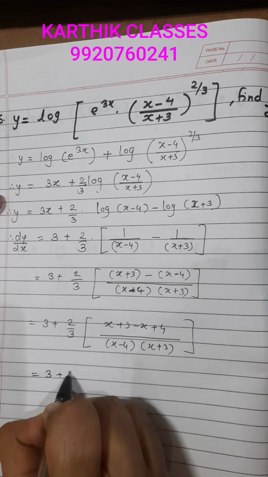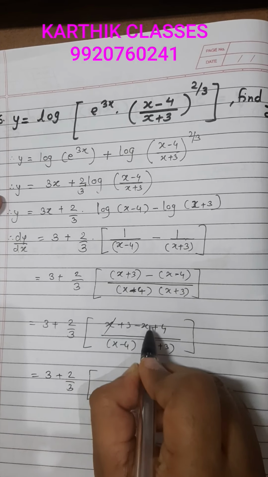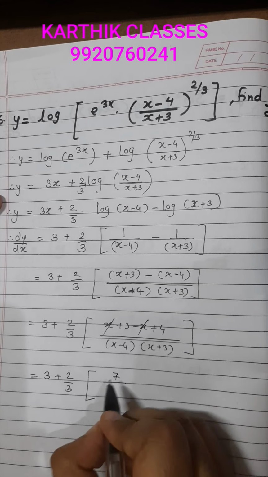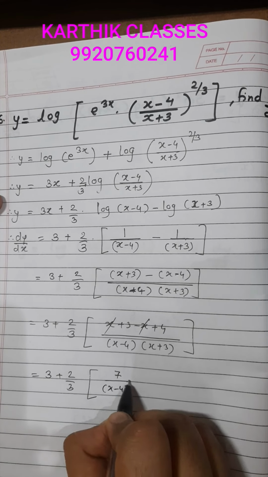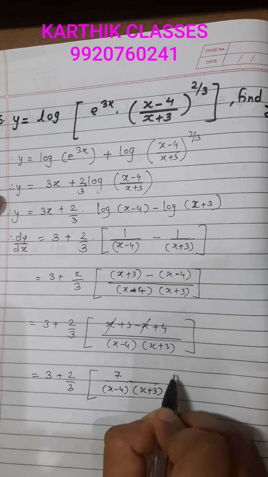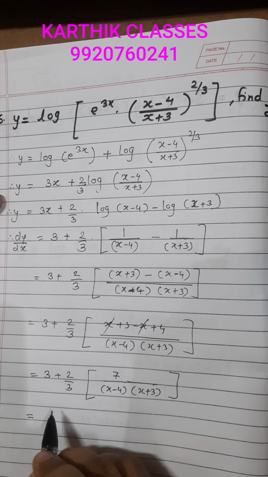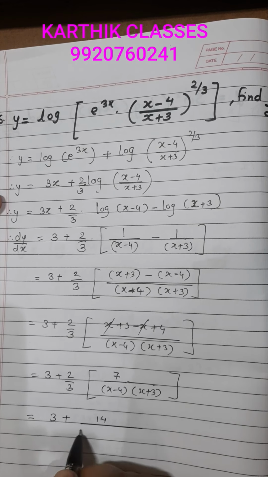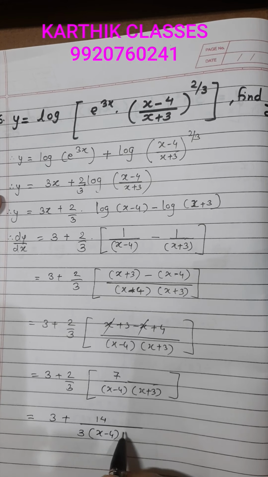So x gets cancelled, 7 upon x minus 4 into x plus 3. So this is 3 plus 14 upon 3 into x minus 4.